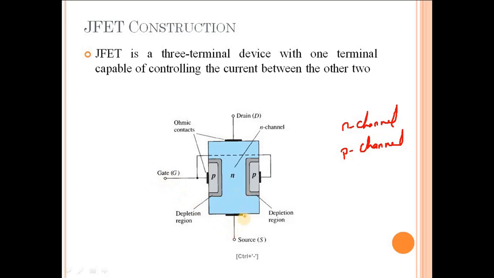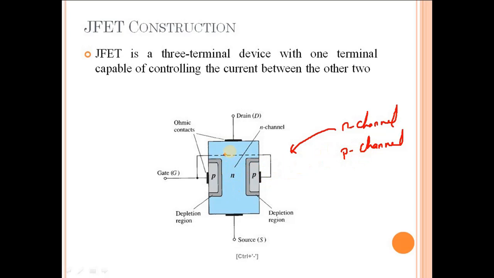If you see in this construction diagram, this is a presentation of the N-channel JFET. If we understand the construction of the N-channel JFET, then we can very well guess what changes we make to generalize it for the P-channel JFET.